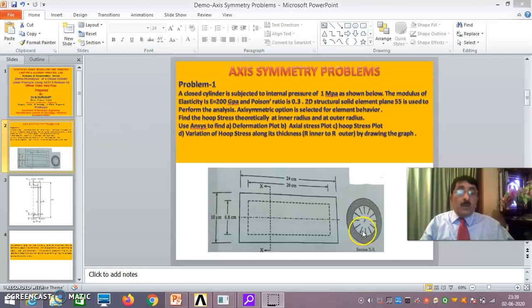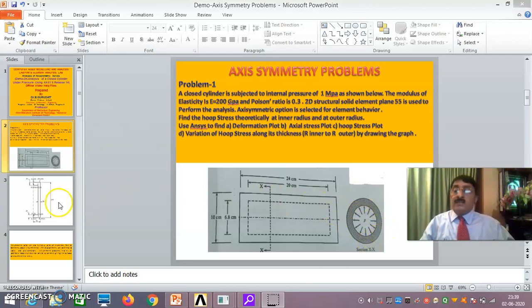In this part of the cylinder, the tensile stresses that develop are called hoop stresses. They are called circumferential because they act along the circumference. The hoop stresses are maximum here, and comparatively less at the outer cylinder.